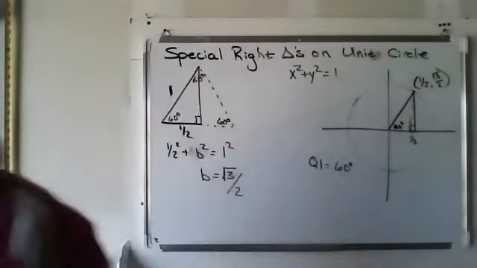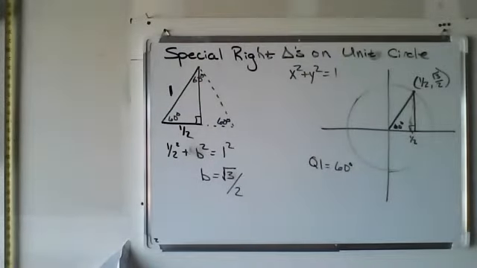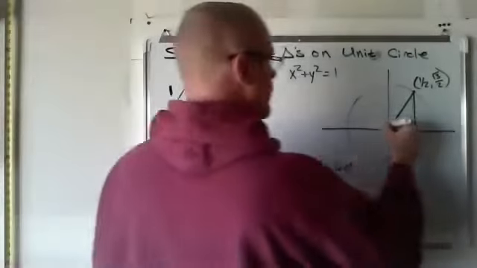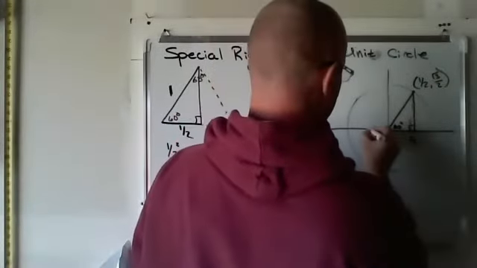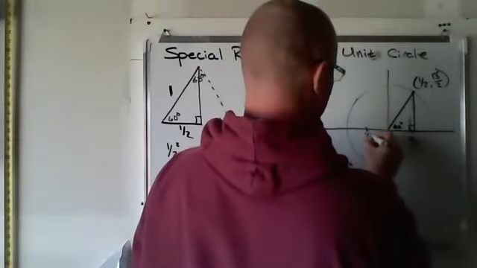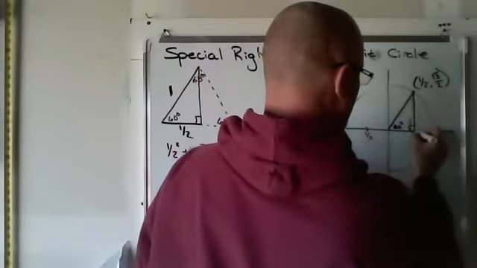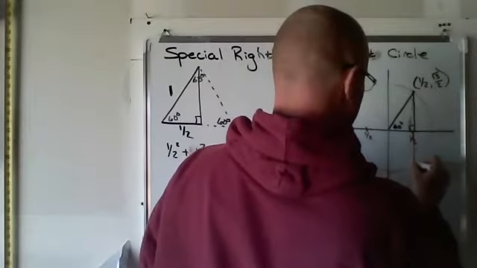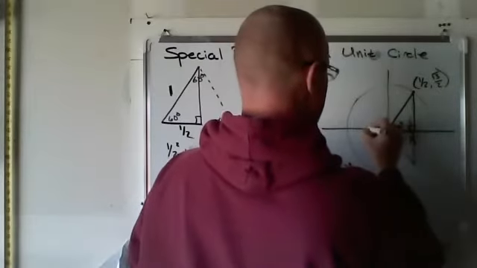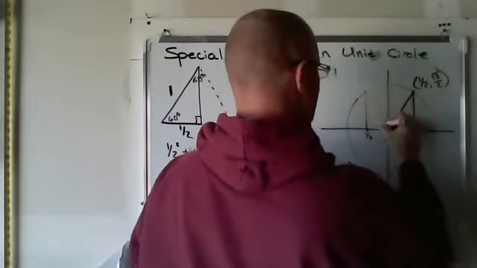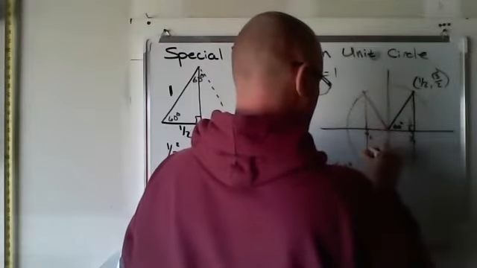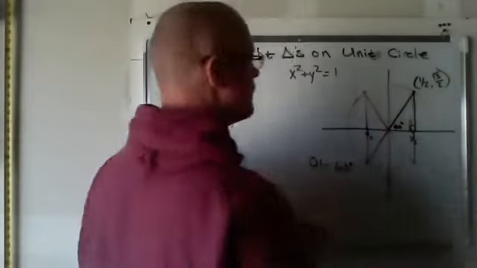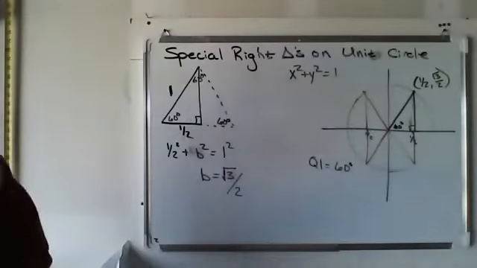If I draw that 60 degree triangle in quadrant 2, let's see how good this is. This is the nice thing. This is 1/2 right there, so I know where to put these, because I just have to go straight up from that 1/2. Right there. So those are my 4 triangles.